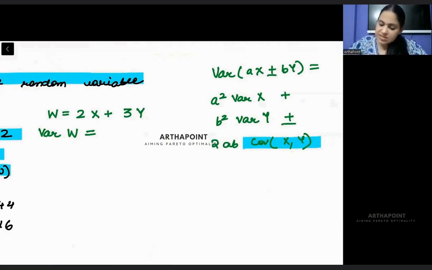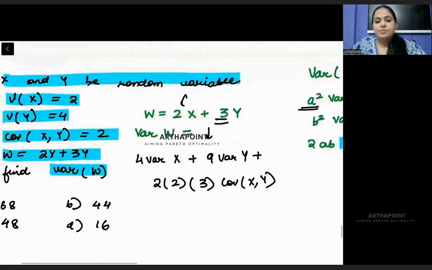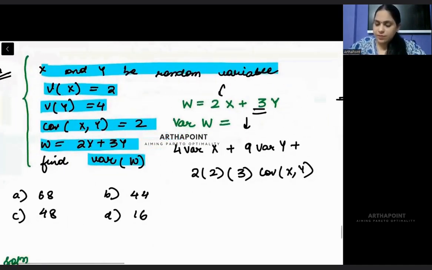So on that basis, if I try to solve this, A square means 4 variance of X, plus B square, 9 variance of Y, plus 2AB covariance of XY.